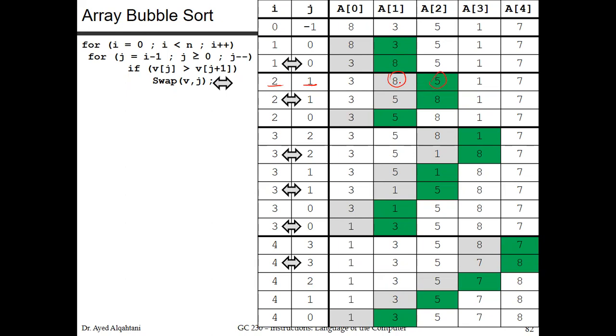And as you can see, this is larger than this, so you need to swap. After you finish the swap, we decrement the value of j to 0. And right now, you will compare the gray to the green, and you find that this one is not larger, so you don't do the swap.